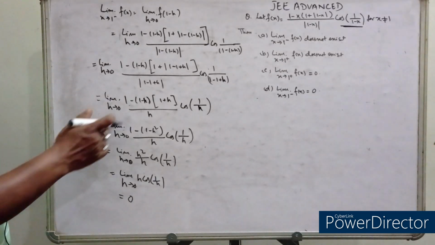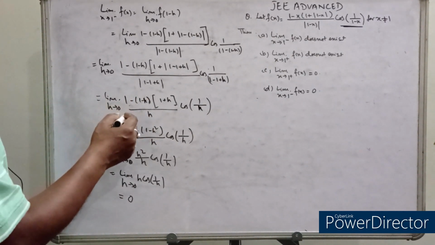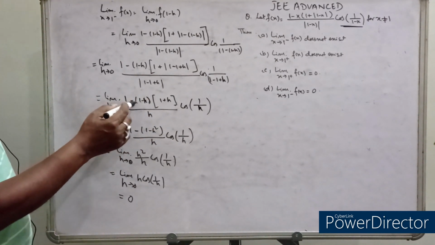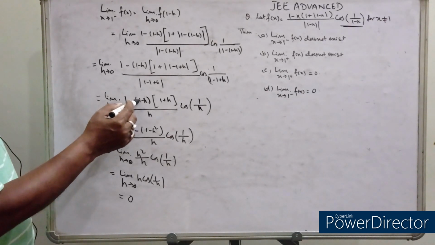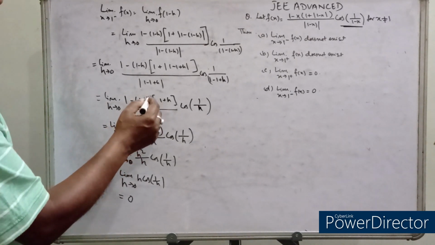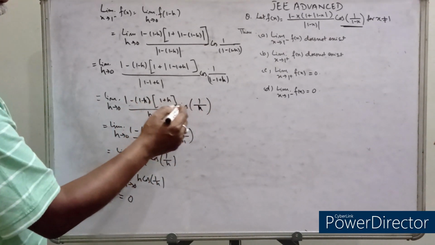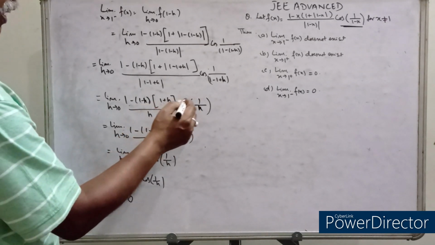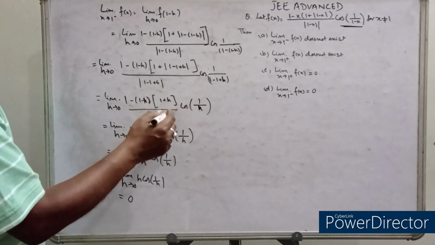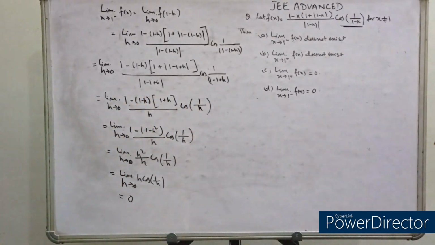Most students will solve it this way: 1 minus h plus h, 1 cancels out, h remains, and again h and h cancel out, so ultimately only this portion remains, cos 1 by h plus h cos 1 by h. At that time h cos 1 by h will be 0, but cos 1 by h will create a problem and you will be unable to solve it.